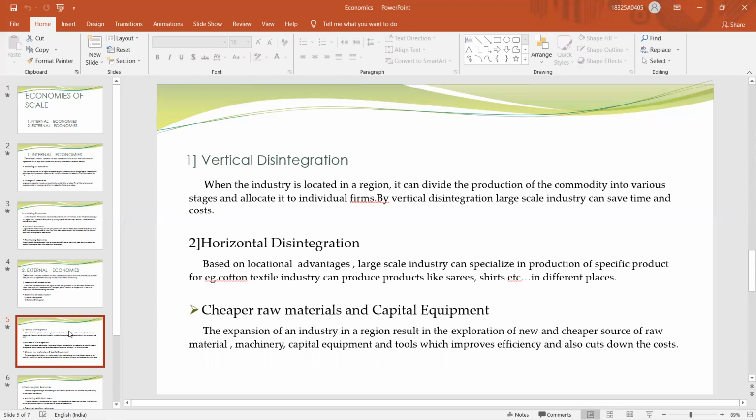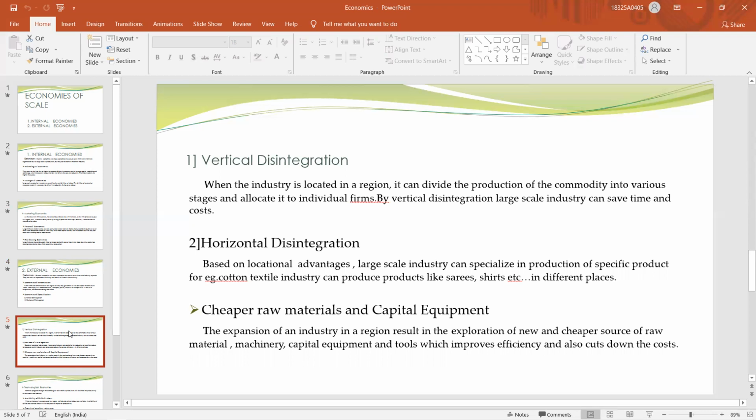Next, horizontal disintegration. Based on the location advantages, a large-scale industry can specialize in production of a specific product. For example, the cotton textile industry can produce products like saris and shirts in different places.